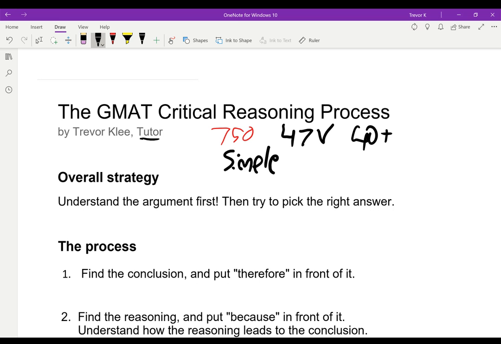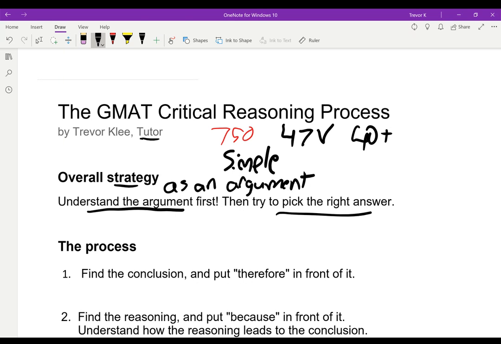So, my overall strategy is that I always understand the argument and then I try to pick the right answer. Which, when I put it that way, seems so simple as to be almost done. But I think it's actually really important. You have to understand the argument as an argument. So don't try to think of it as a question at first or a problem.